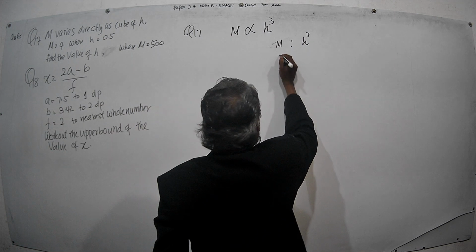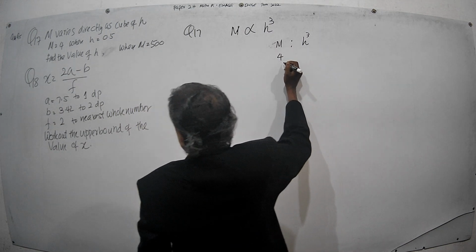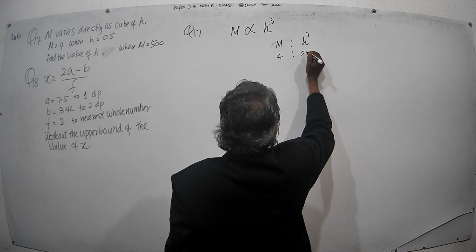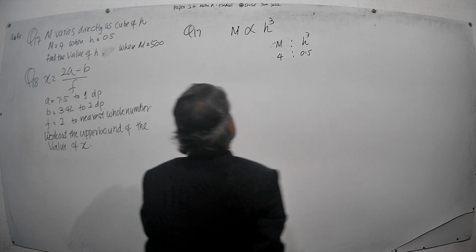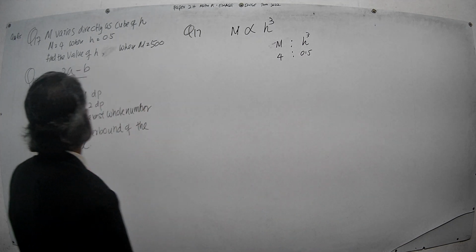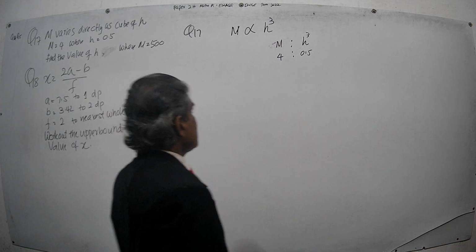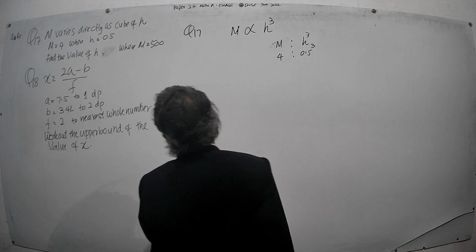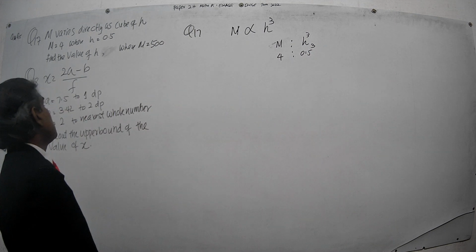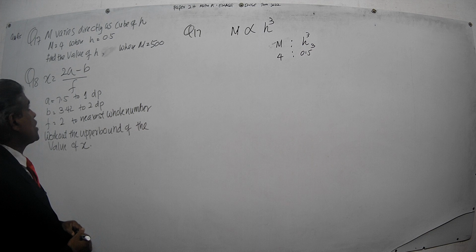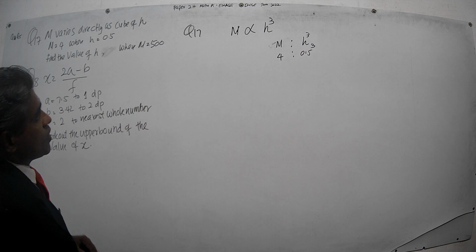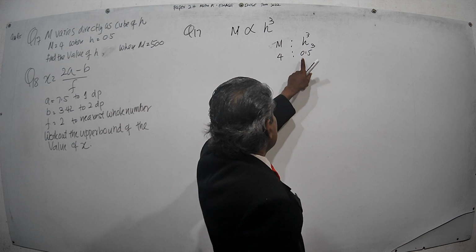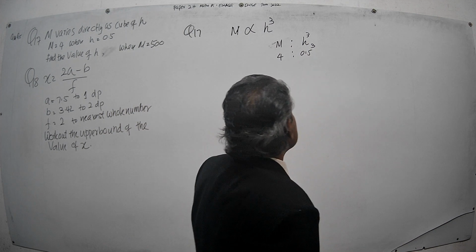When m is 4, then h is said to be 0.5. Then 0.5 cube. M is 4, then h is 0.5. Then when m is 4, h cube is 0.5 cube.